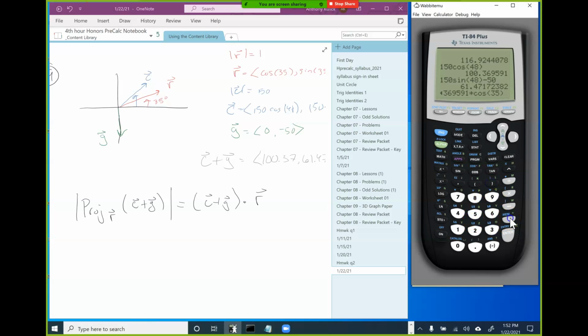That's the y component for r. And that gives me 117.48, which is what I was supposed to get.